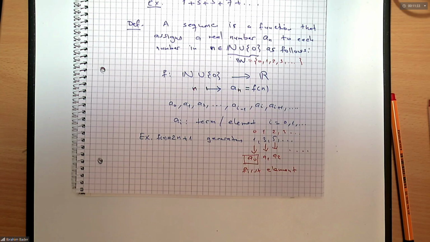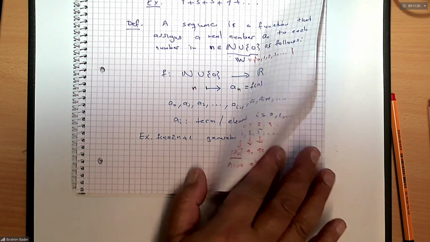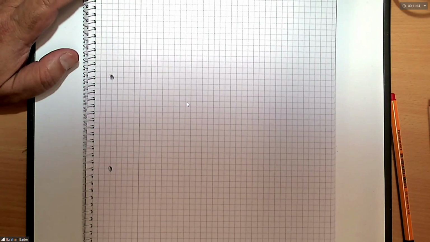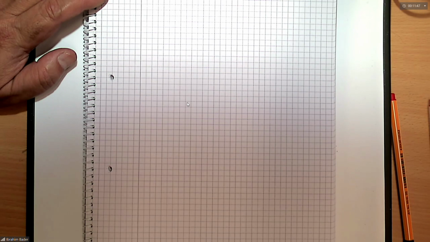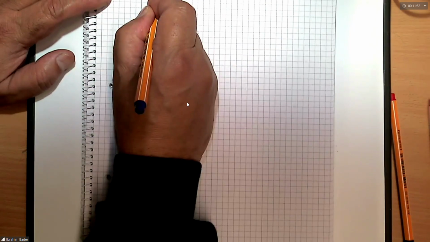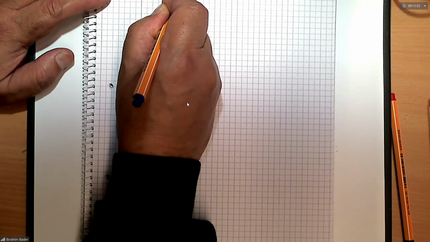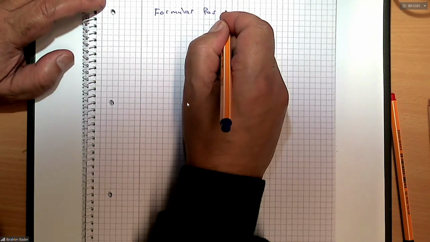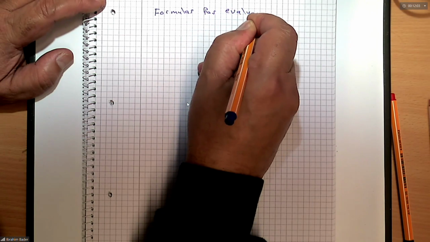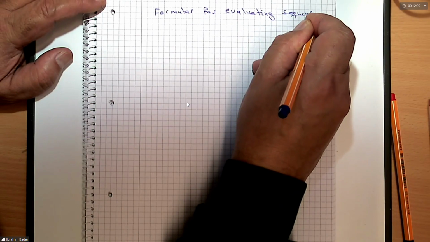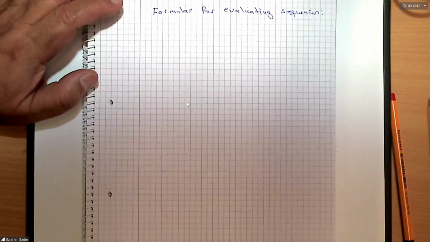Okay. So now, if we generate the formula, if we can write this as a function, then we talk about the so-called explicit formulas for evaluating sequences. So we have two different ways to evaluate sequences.